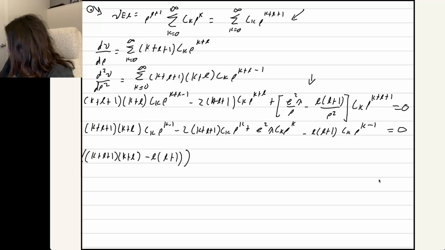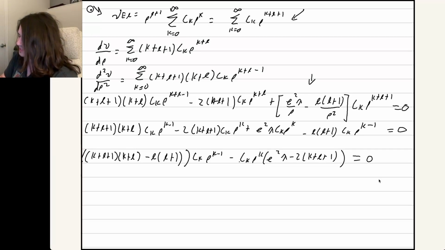That is multiplied by ck rho k minus 1. And then we have minus ck rho k. We have e squared lambda minus 2 times k plus L plus 1. Cool.